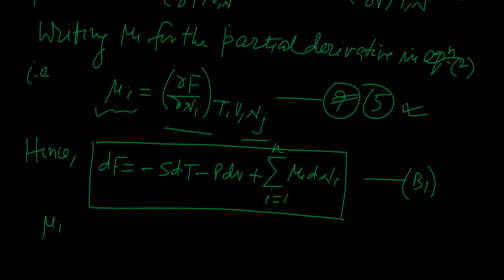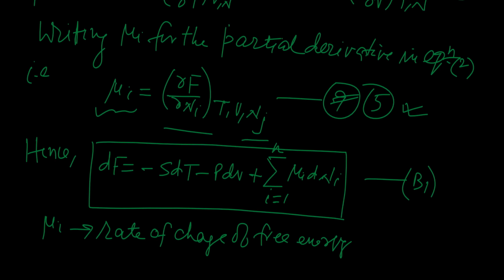So mu i, which is the chemical potential, is defined as the rate of change of free energy, Helmholtz free energy, per particle at constant temperature and volume.